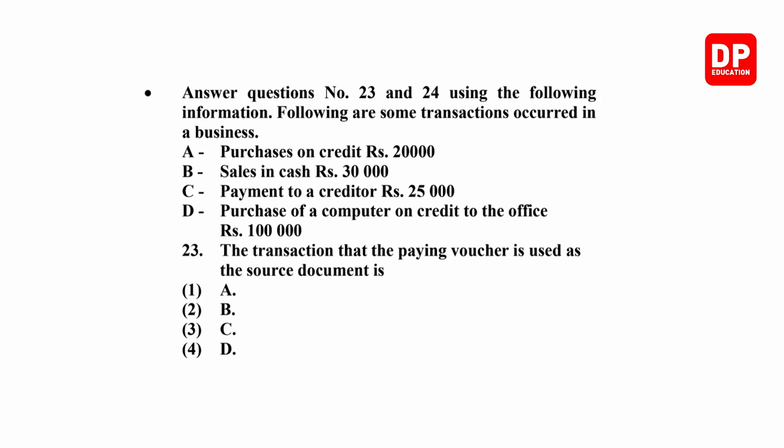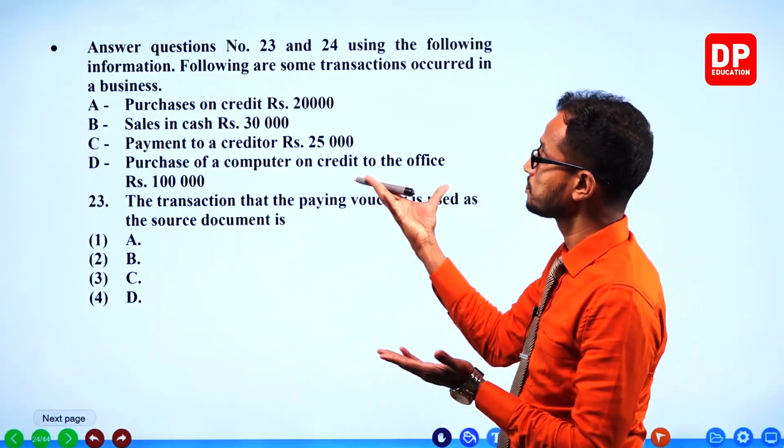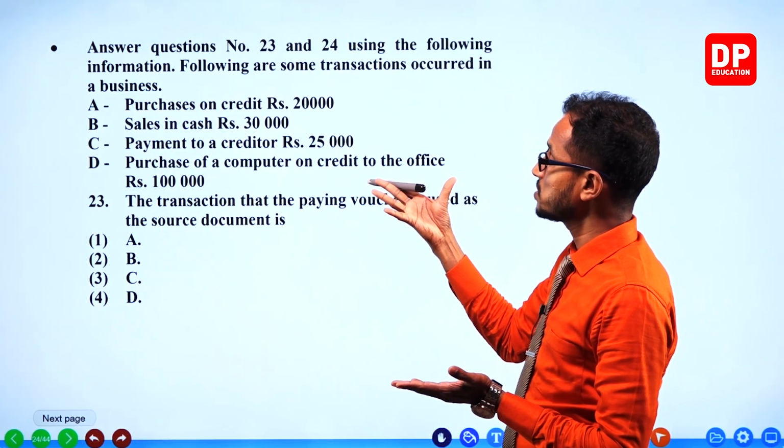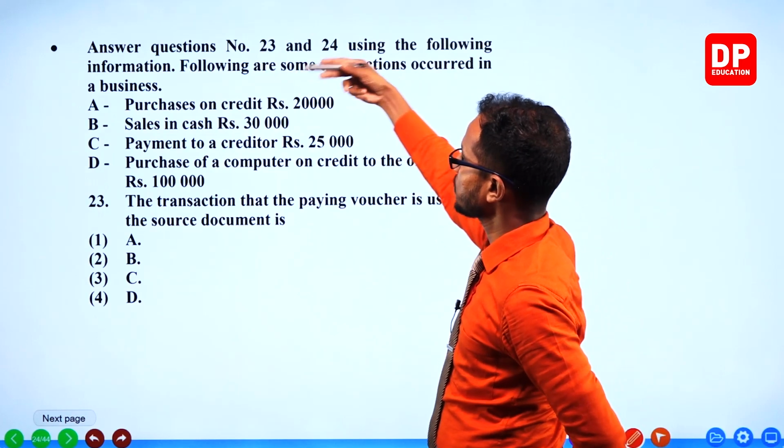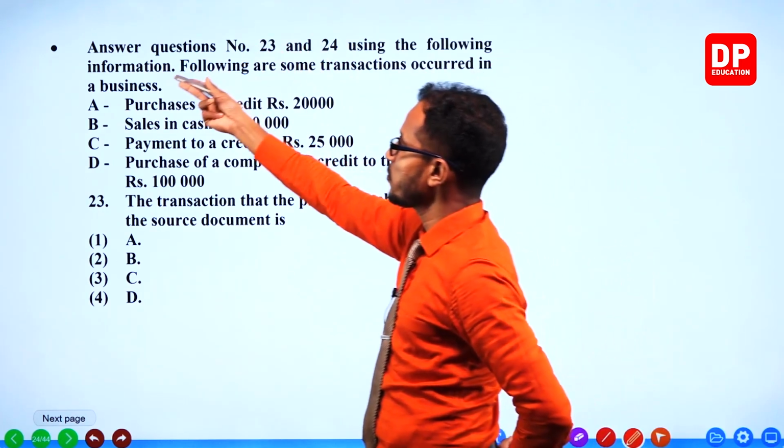Next question. What do we have here? We have to answer questions 23 and 24 using the following information.